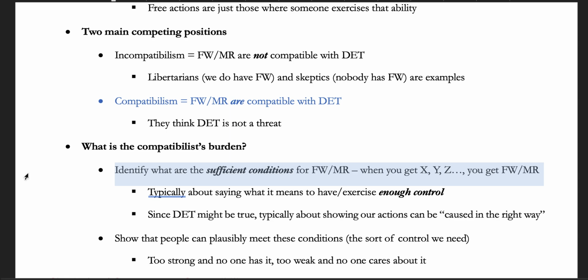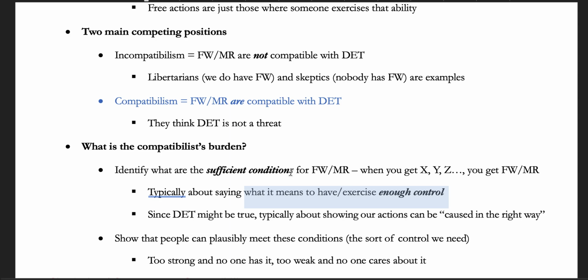If they think that determinism does not rule out free will, then what they have to say is, here are the factors, here are the things that will give you enough control in order to say that you're free and responsible. And the reason they have to say what the sufficient conditions are, what it means to exercise enough control to be responsible, is that they can't just say what's required.